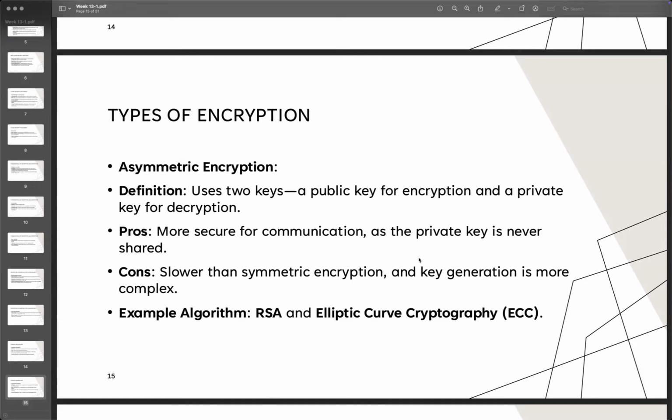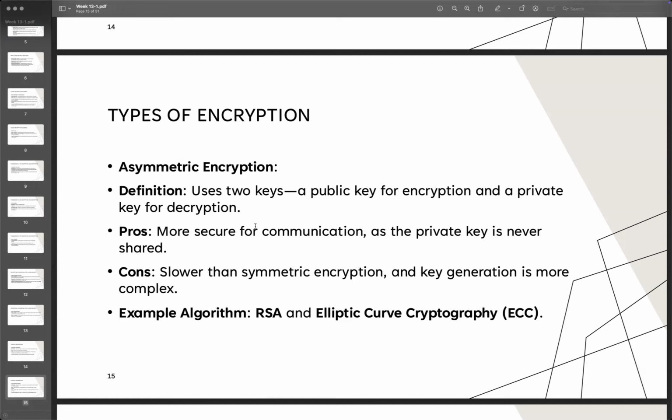Can you catch my question? If I'm asking about asymmetric, can you guess? Even if you look here, the public key is used for encryption and the private key is for decryption. Let's say within the communication, we have A and B.